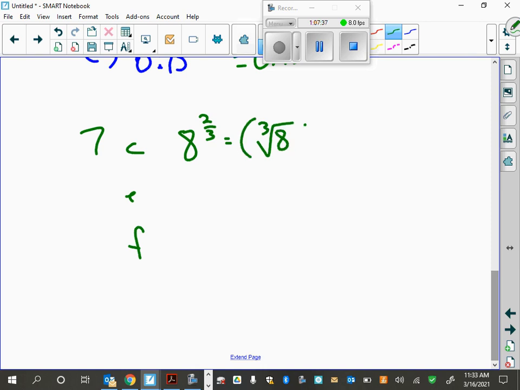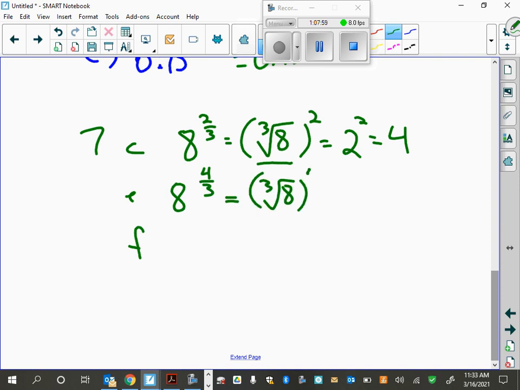This is going to be your test question. What's a cubic root of 8 equal? 2, and then 2 squared equals 4. Don't put positive negative. E is 8 to the 4/3. What's that equal? Cubic root of 8 all to the 4th, which is 2 to the 4th, which equals 16.